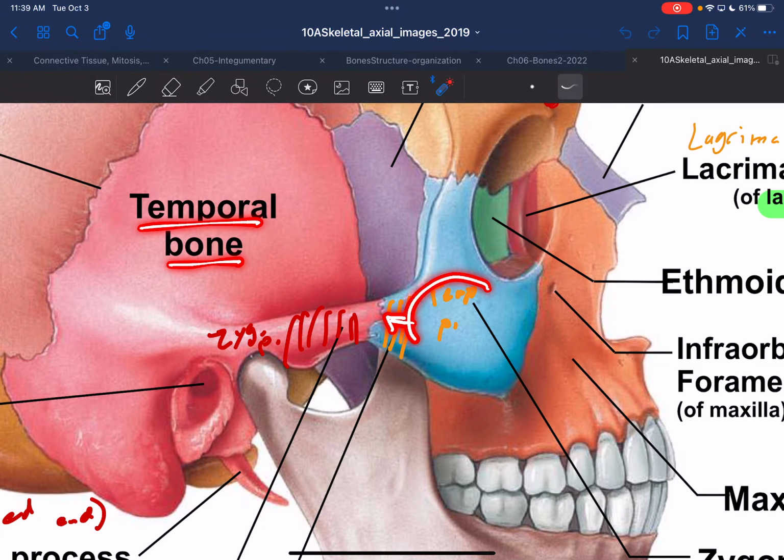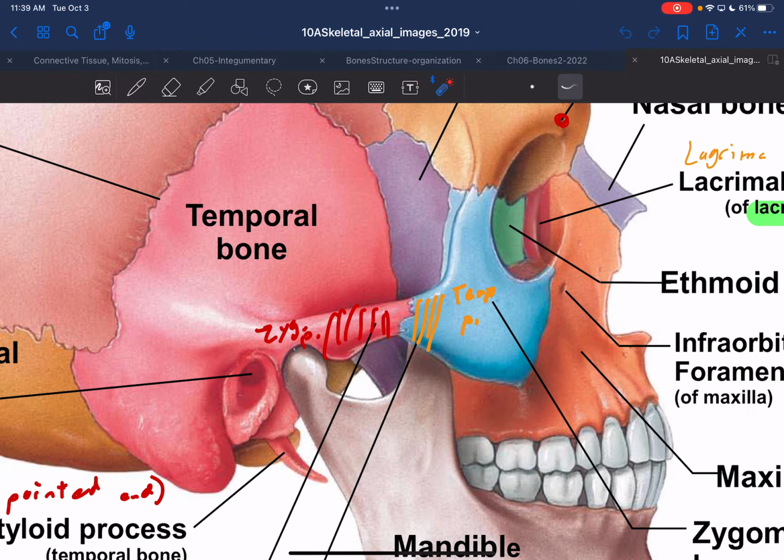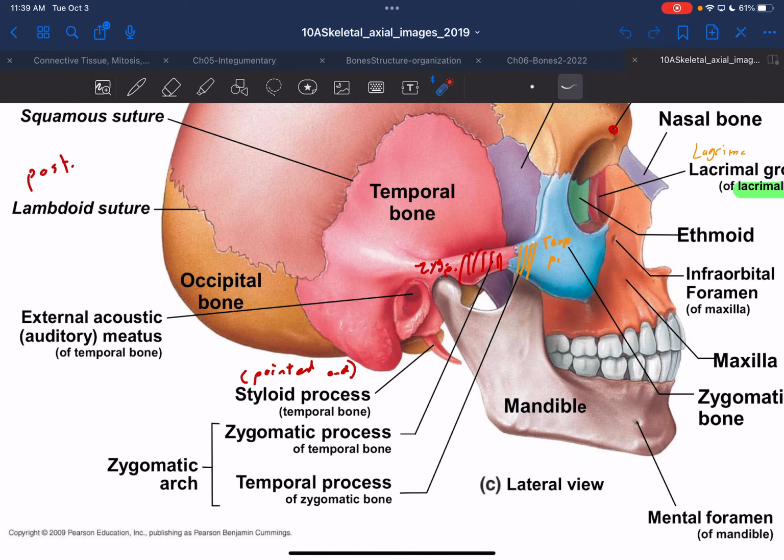And then the opposite holds true for this temporal bone: when we look at this zygomatic arch, you'll see that this segment here on the temporal bone, just this portion that reaches for the zygomatic bone, is called the zygomatic process. And that's down here for you.